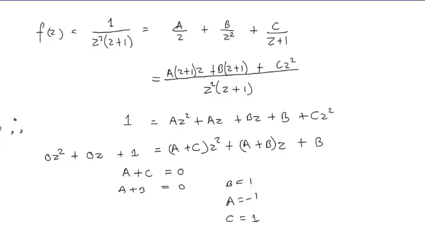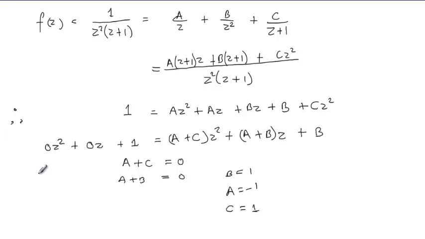Now we can write our function as f of z equals minus 1 over z plus 1 over z squared plus 1 over z plus 1.